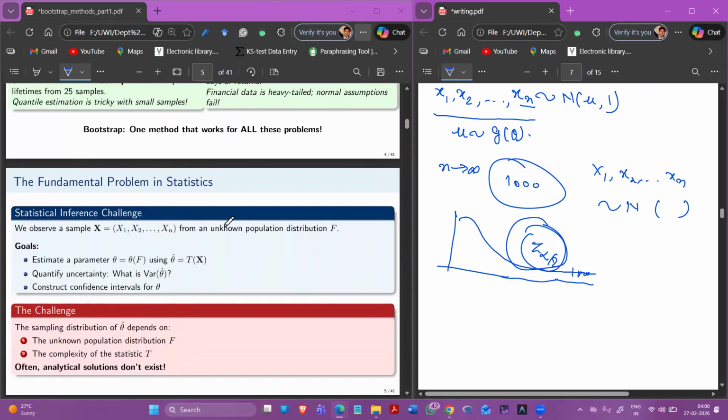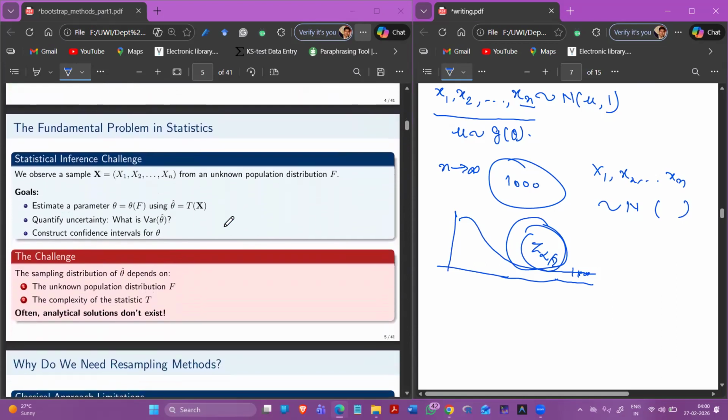So what is the fundamental problem in statistics? We observe a sample x1, x2, ..., xn from an unknown population distribution F. I gave you two or three examples right now; all these examples are from there.